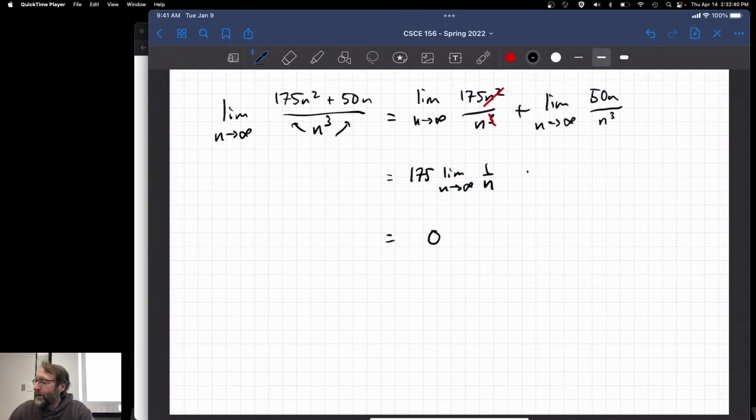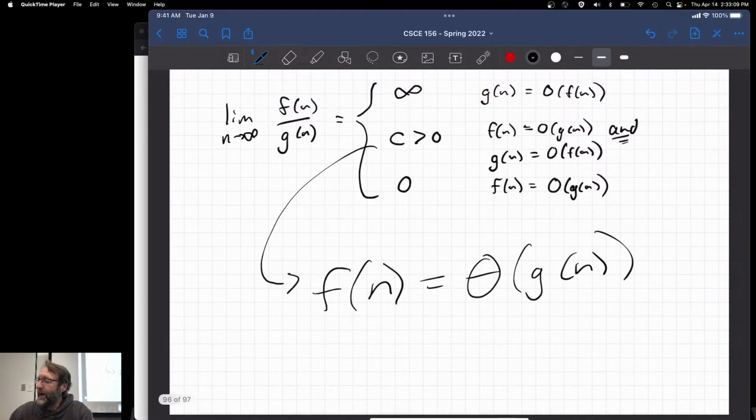What about the second one? n cancels with this, and you have the limit as n tends towards infinity of 50 out front now, and then 1 over n squared. That's even more obvious land. Why? Because it's growing even quicker on the denominator, and it's converging to 0 even quicker. So, plus 0. In other words, 0 plus 0 is 0.